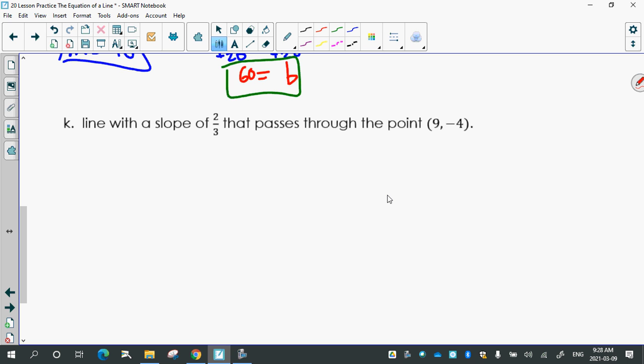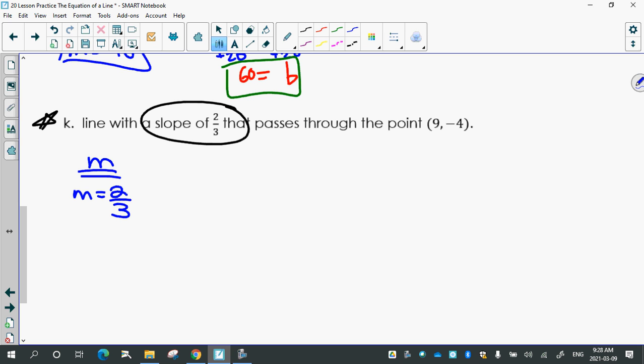Okay, next one is a different one too. Okay, so this is the last one we're going to do before break. So the line has a slope of 2/3. They're just giving me stuff. That's nice of them. So now I know already m. M is 2/3.